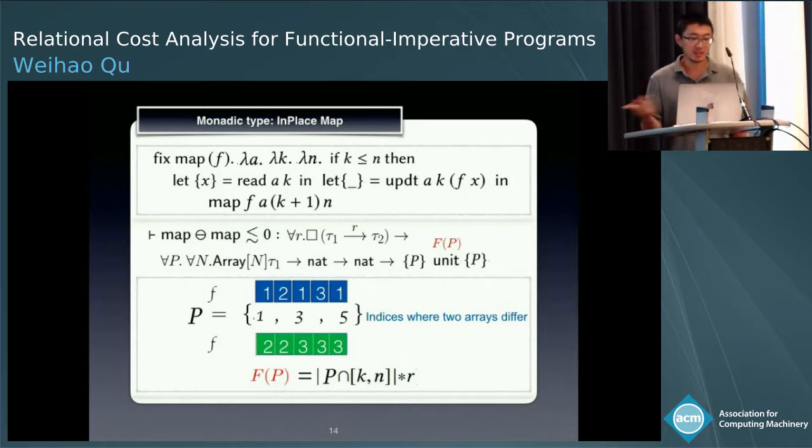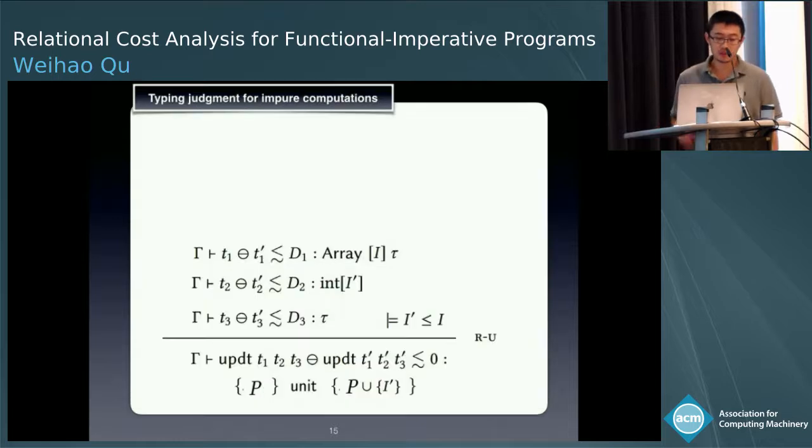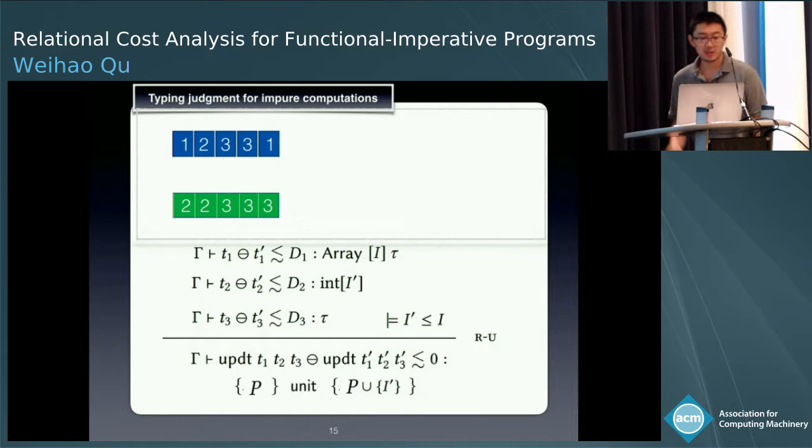So far, we have seen the typing of our examples. Now let's look at the typing judgment for the impure computations. We have typing judgments for all the array-based operations. I will show one, which is the update. Suppose T1 and T1' are the arrays we want to update, and the index i' is the place where we want to update these arrays.